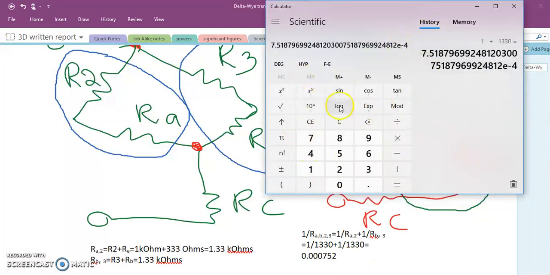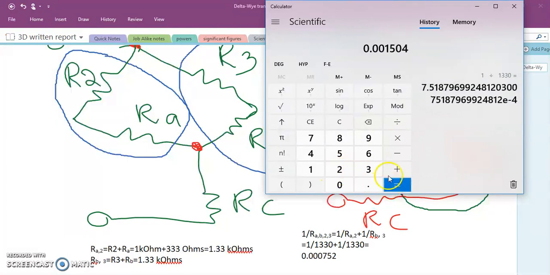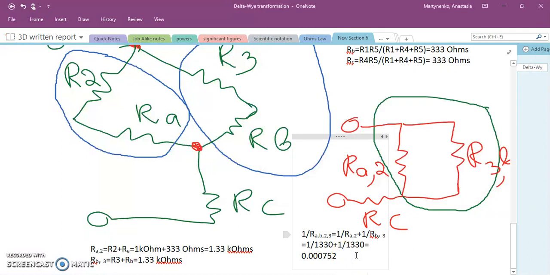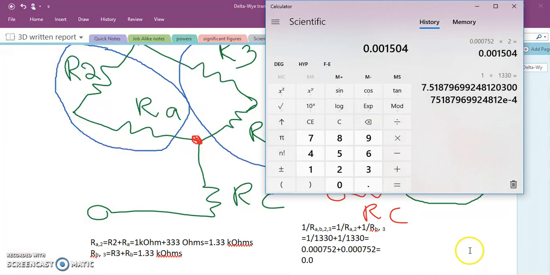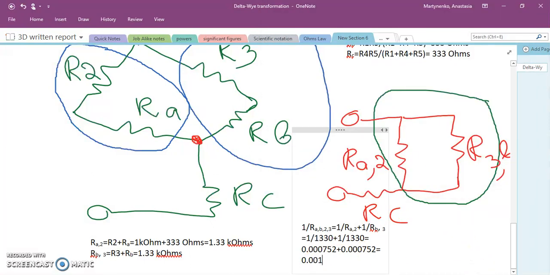So 0.000752 times 2 is 0.0015. I am just going to throw away those 04. So this is just this number plus itself. That's why I said times 2. And this comes out to 0.0015. Okay, and once again, of course, I'm not done yet.